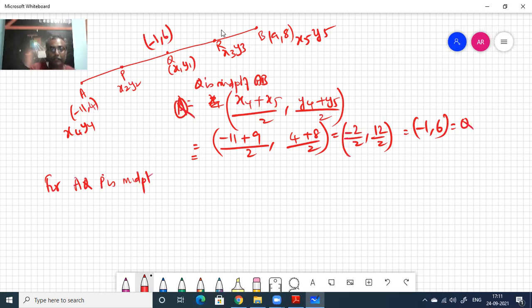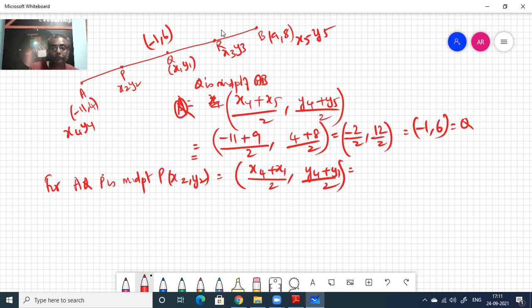So we have to find P, x2 comma y2, which is equal to x4 plus x1 by 2, comma y4 plus y1 by 2.